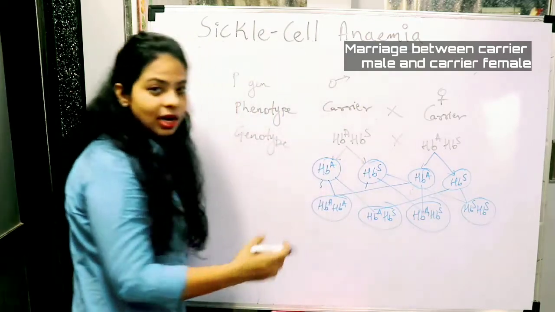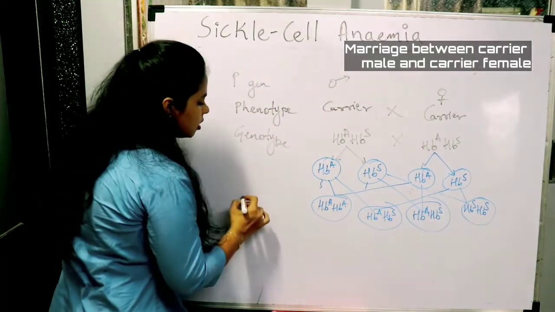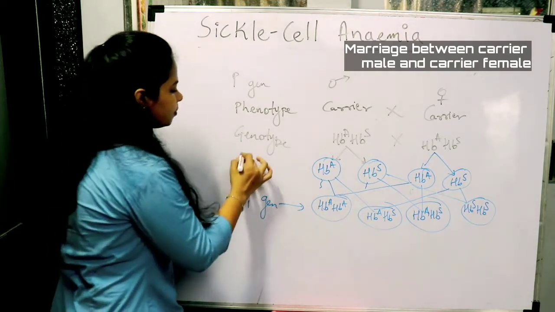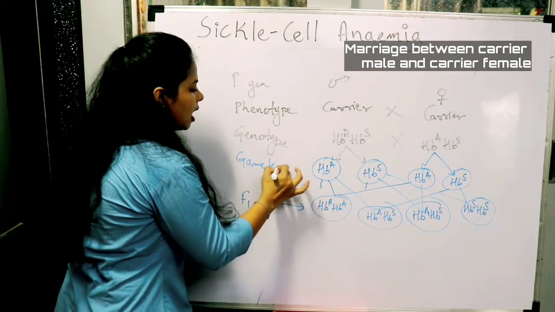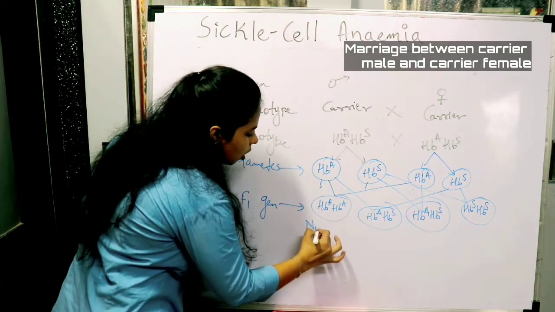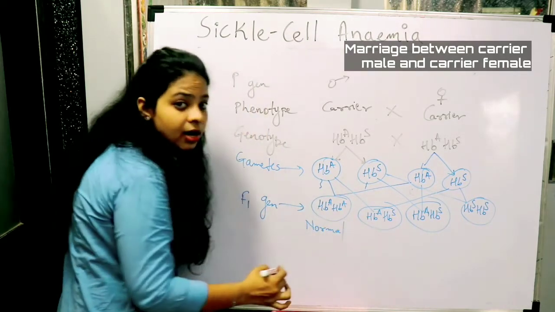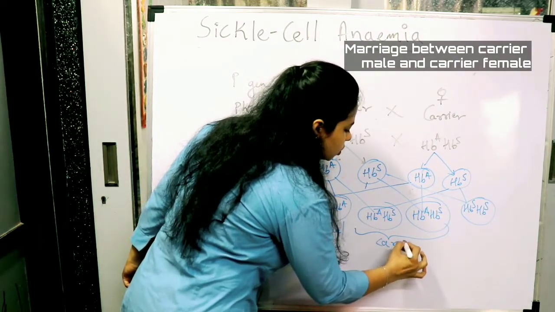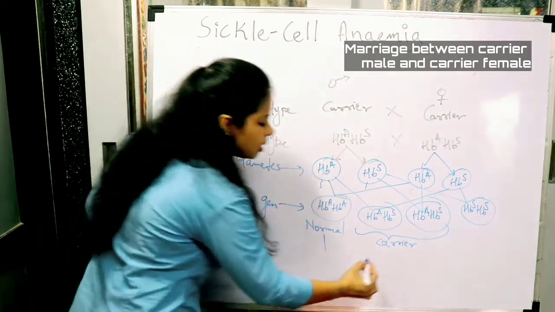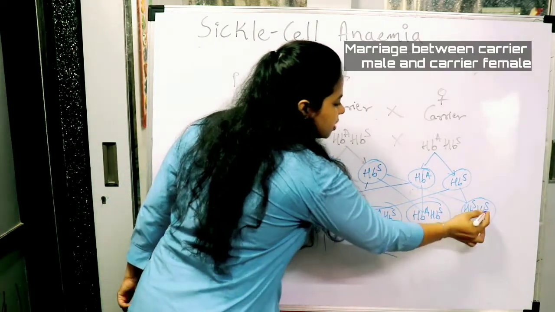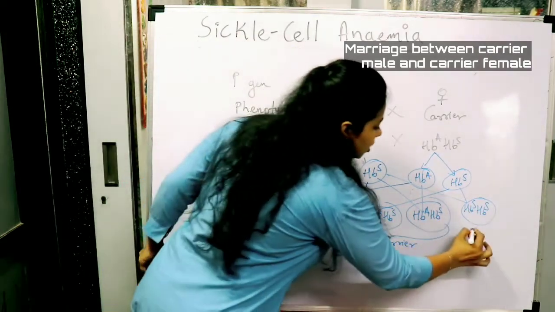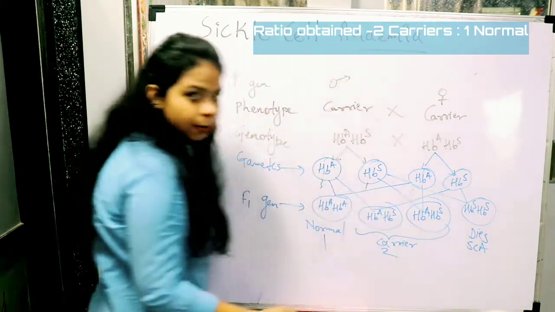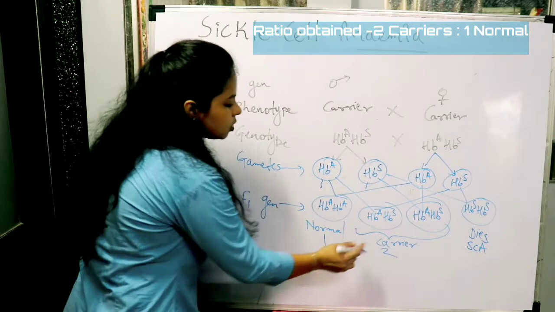So these are the different types of offspring obtained in the F1 generation. HBA HBA means a normal individual. HBA HBS is a carrier. So one normal, two carriers, and when there is HBS HBS, the person dies because of sickle cell anemia.